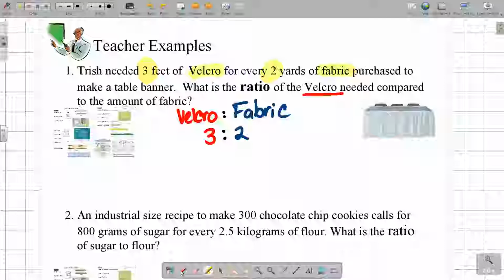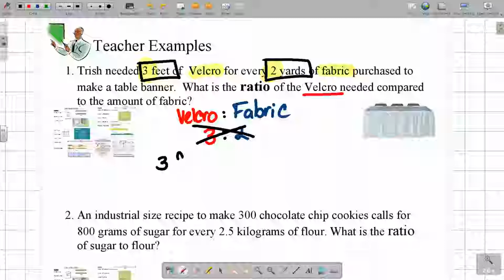Wrong. Absolutely wrong. And the reason is it's 3 feet of Velcro to 2 yards of fabric. To make a ratio, you must be in the same unit.